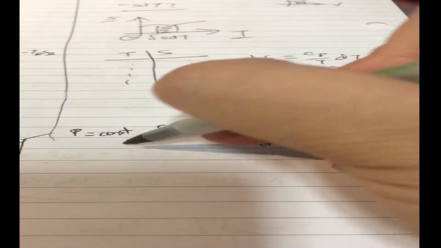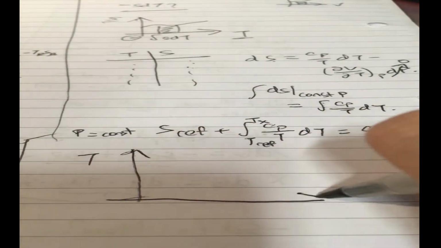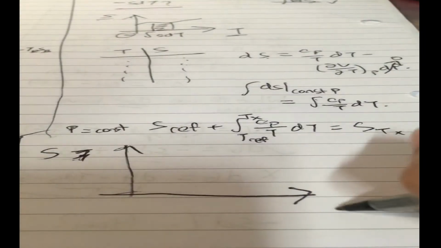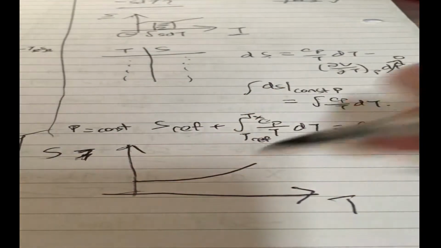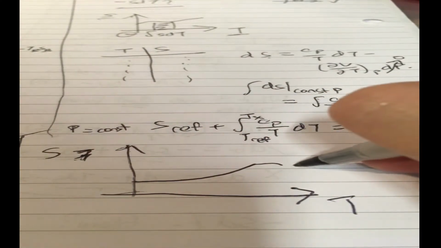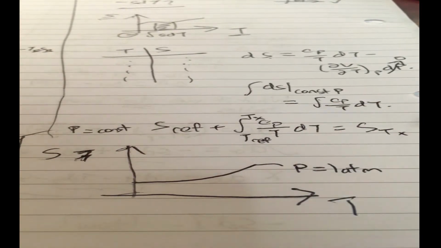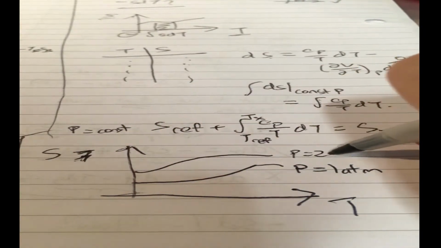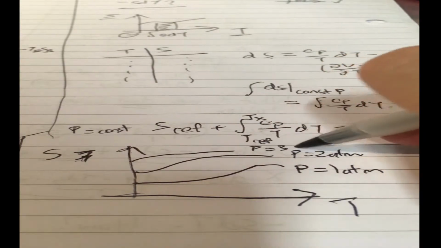So you can imagine you plot many tables. Sorry, this should be S and T. So maybe you have a graph like this. I don't know how it looks, I'm just making up shapes. Maybe you can get 1 atmosphere, 2 atmosphere, 3 atmosphere.